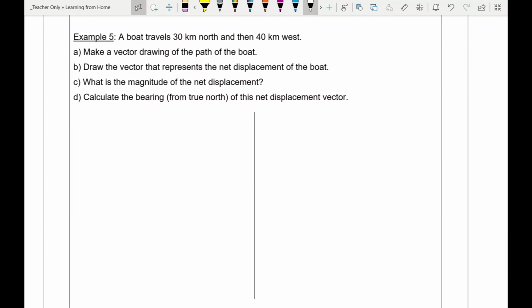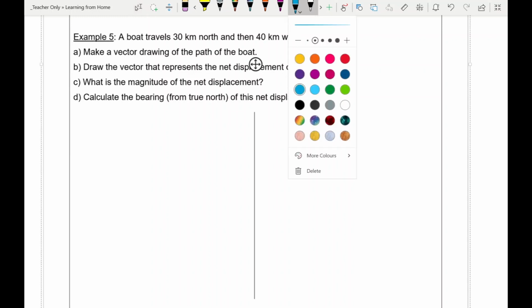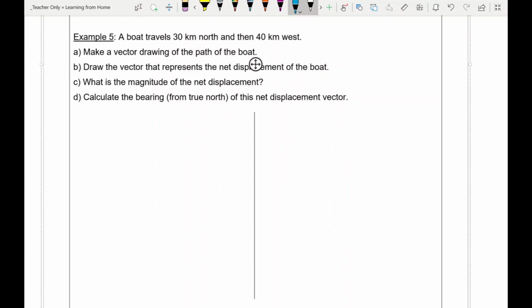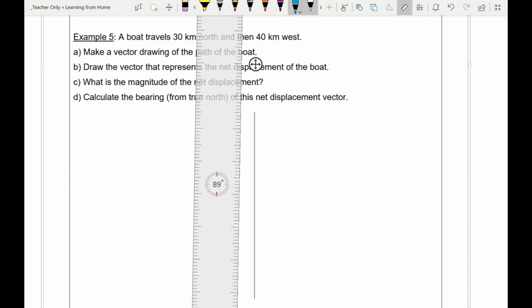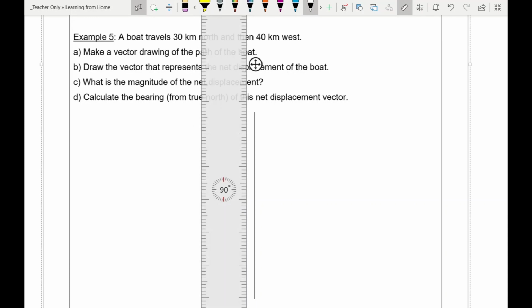We've got a boat that travels 30 kilometers north and then 40 kilometers west. So we can see that we're now applying vectors to a physical scenario. We have to make a vector drawing of the path of the boat. I'm actually going to bring out the ruler for this just so that we get that proportionality. So 3 of these ticks, I think this ruler is in inches, but let's just use it for this sake, is going to represent 30 kilometers.